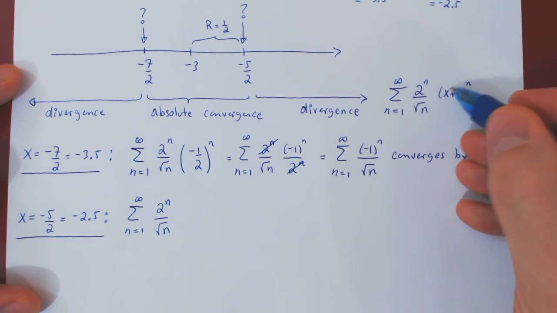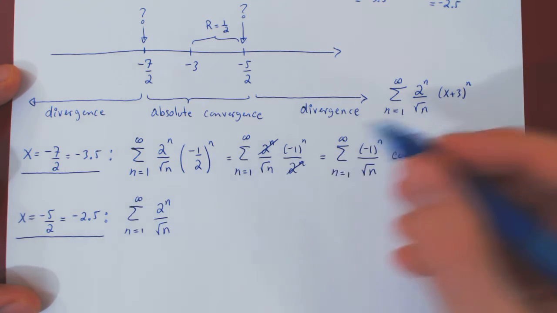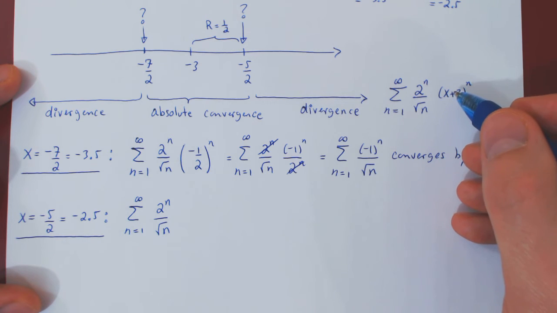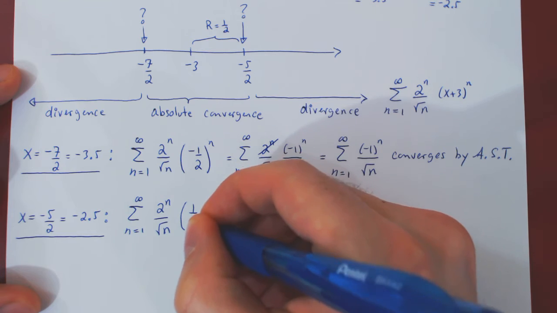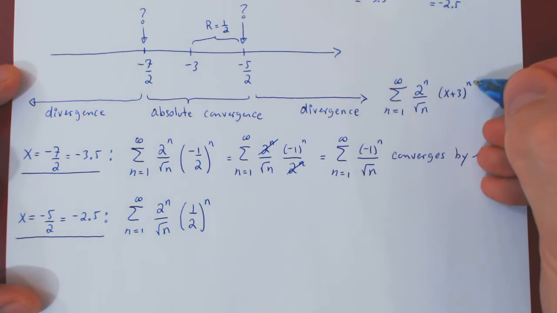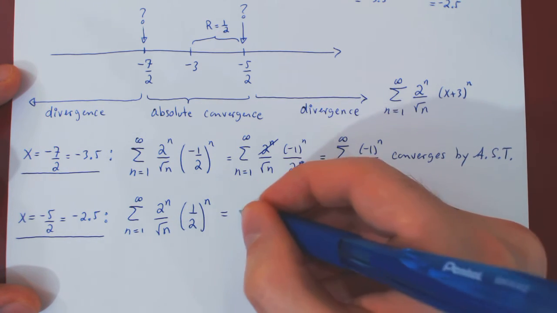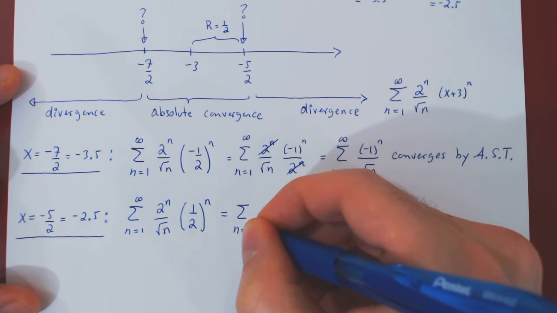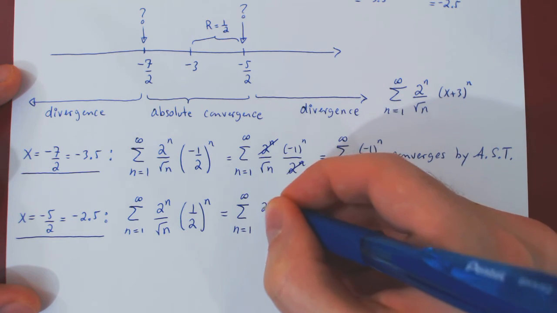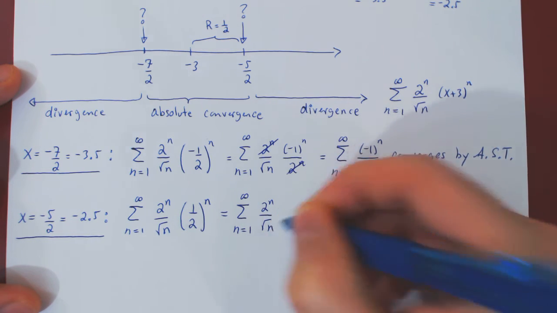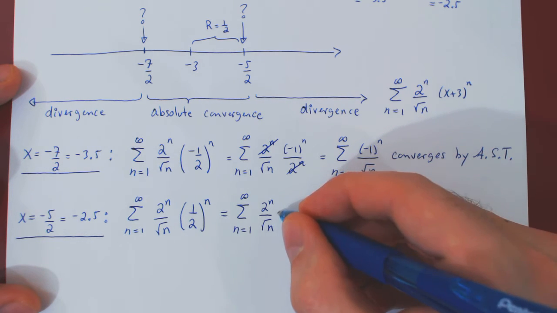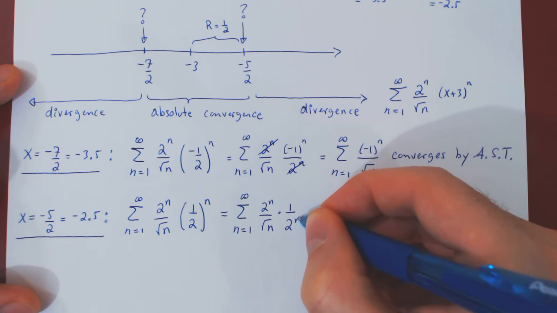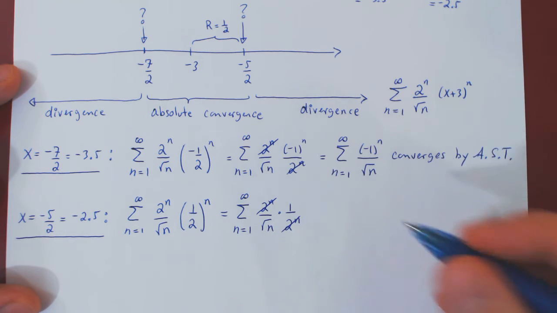Replacing now x by negative 2.5, but negative 2.5 plus 3 is 0.5, which I will of course write as 1 over 2, all to the nth power. Once again, let's simplify. 1 to the n is 1 over 2 to the n. 2 to the n cancels.